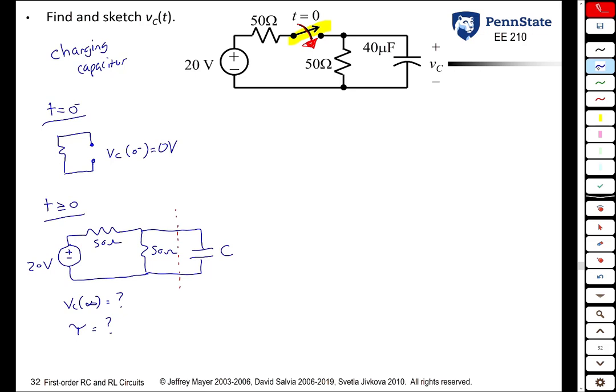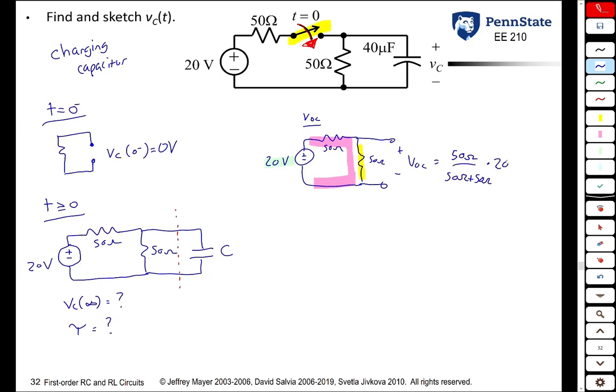So if you look at VOC, that's an open circuit voltage as seen by the capacitor if the capacitor is removed. VOC is just 50 over 50 plus 50 times 20 volts, or 10 volts.